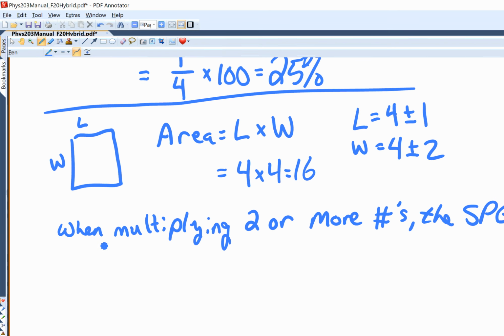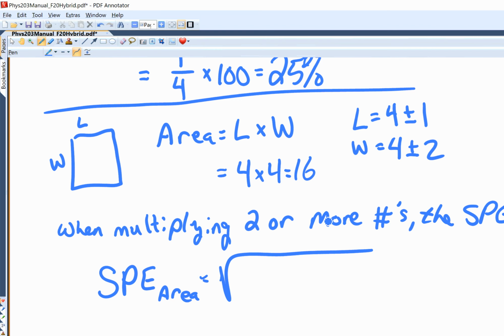So the standard percent error of the area, because my area has some uncertainty in it, because my length and my width have an uncertainty in them, is going to be equal to the square root of the standard percent error of the length squared plus the standard percent error of the width squared.